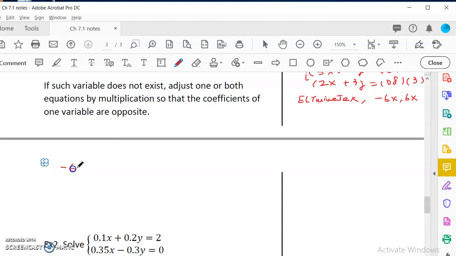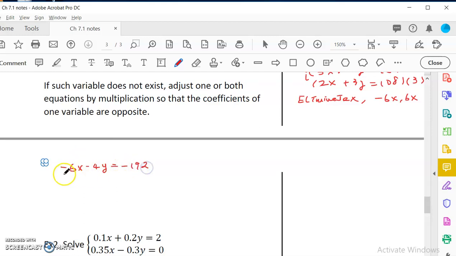Negative 2, so negative 6x minus 4y equal to 96 times 2, which is what? 96 times 2 is 192, so it's negative 192.